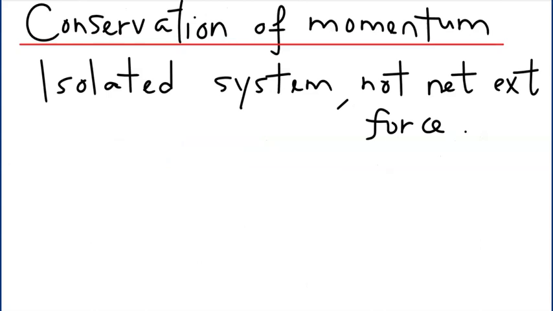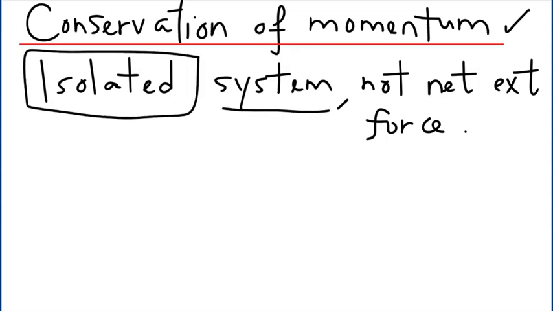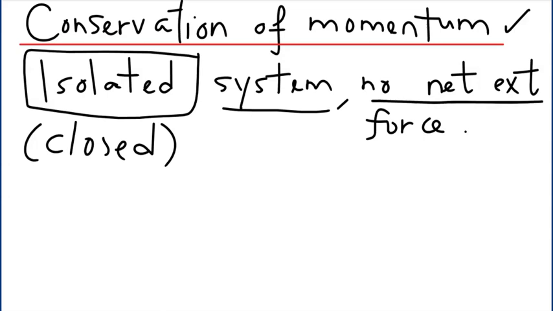That brings us next to the law of conservation of linear momentum. So now let's assume you have a system, but the system is isolated or closed. So that means there is no net external force acting on the system.